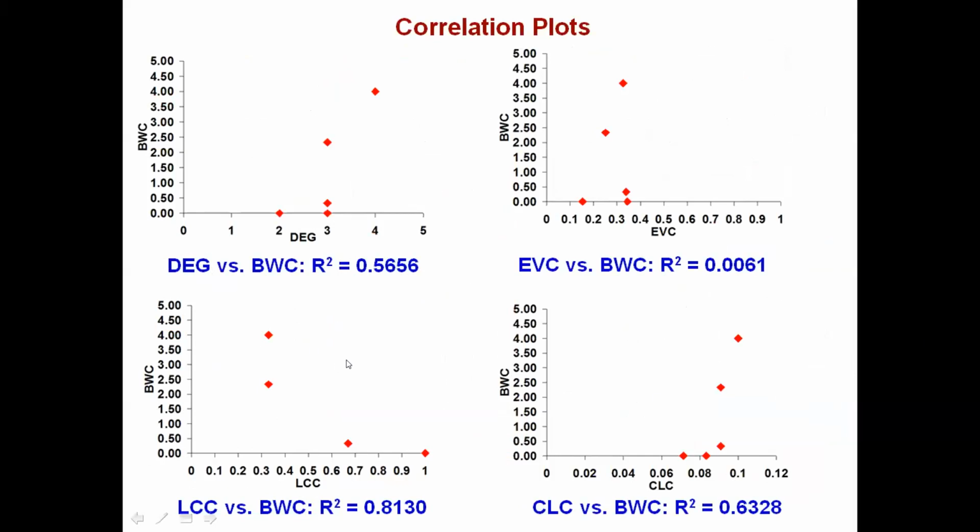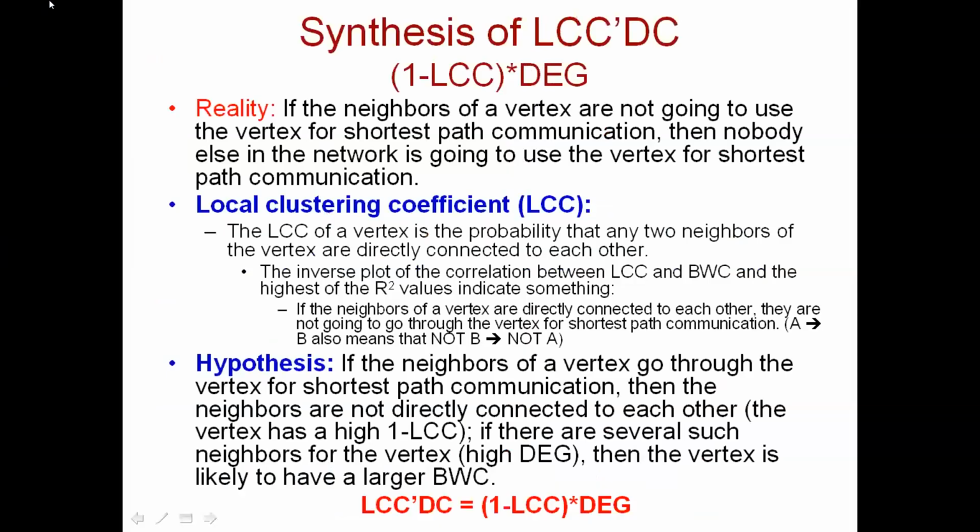None of them are very close to 1. The one that's close to or larger is the correlation between local clustering coefficient and betweenness. And that's the motivation for us to consider local clustering coefficient to develop the other metric I mentioned, the computation-light metric that could be an equivalent for betweenness.